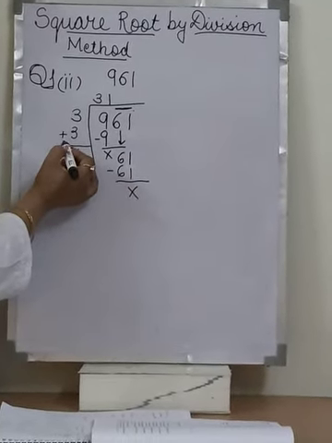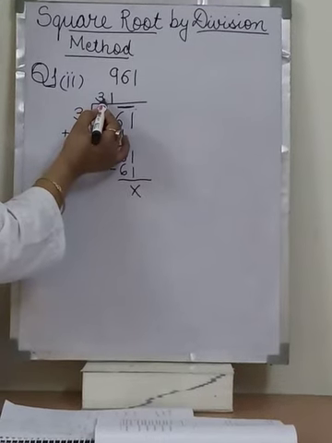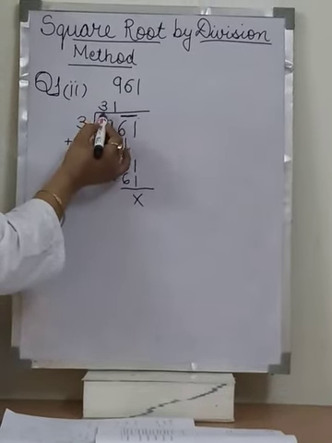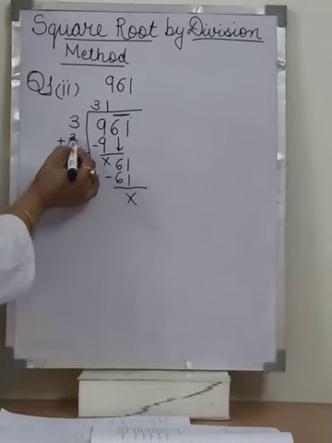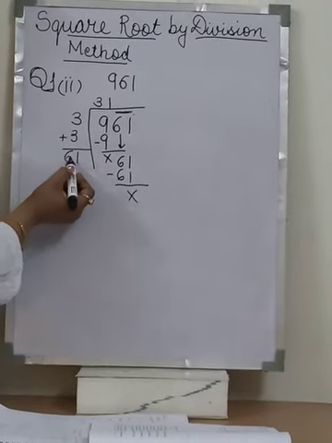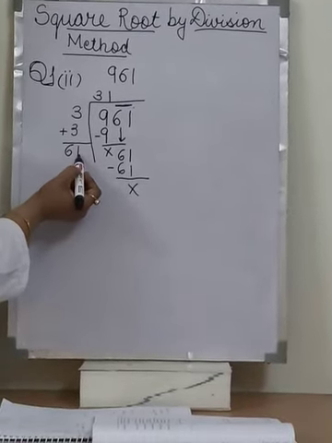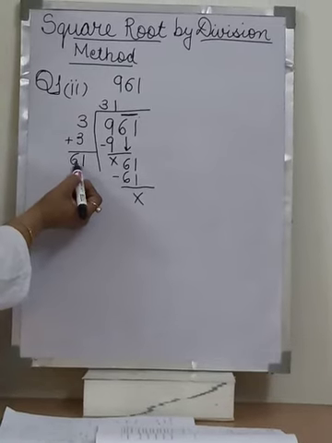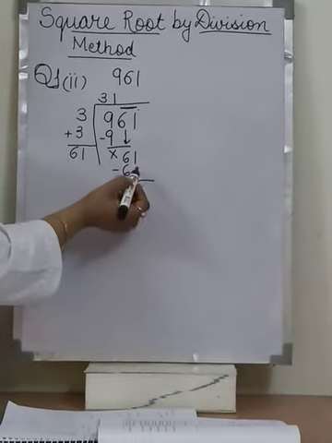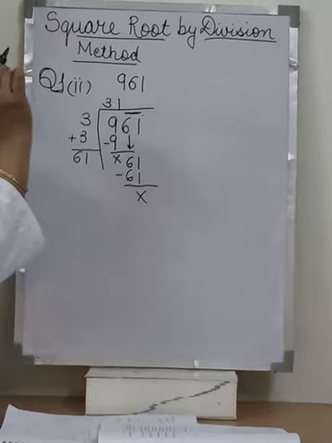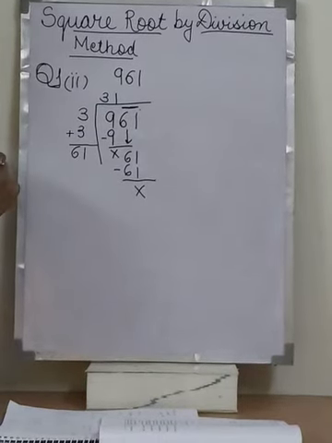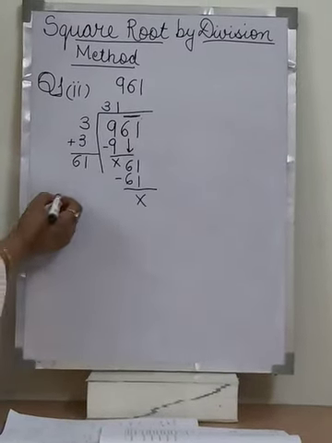Now we are looking for the new divisor. We add the quotient to the previous divisor: 3 plus 3 gives you 6. Now we have to put one number such that after multiplying with that number, it gets cancelled with the dividend.